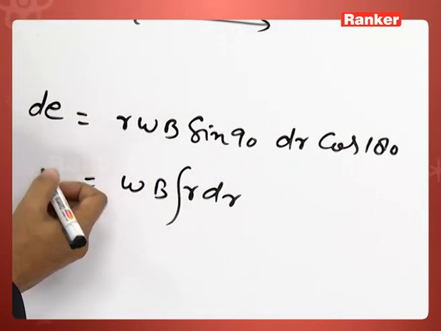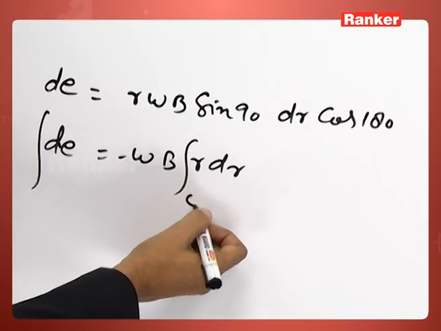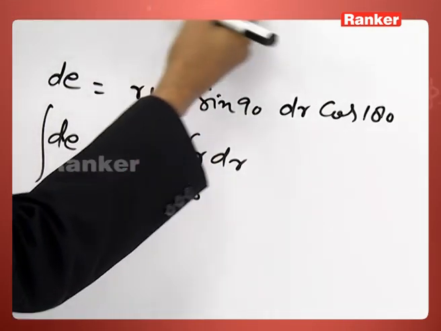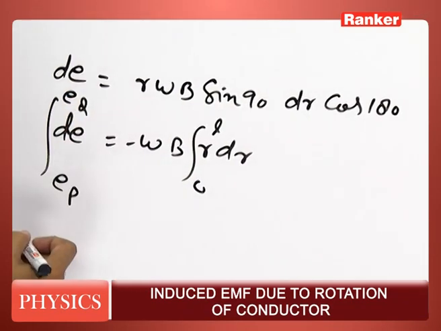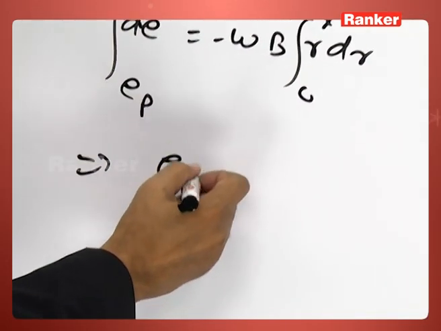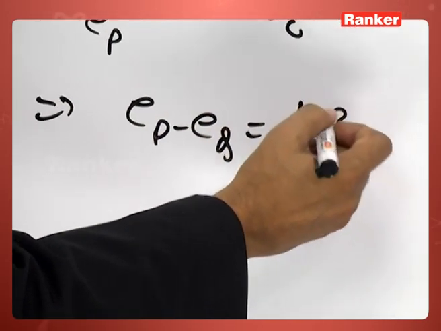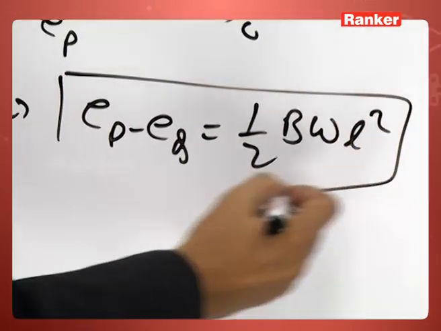Then we will integrate with a minus sign. r equals 0 means point P, r equals L is point Q. So this is E_P minus E_Q equals half B omega L square. This is the EMF.